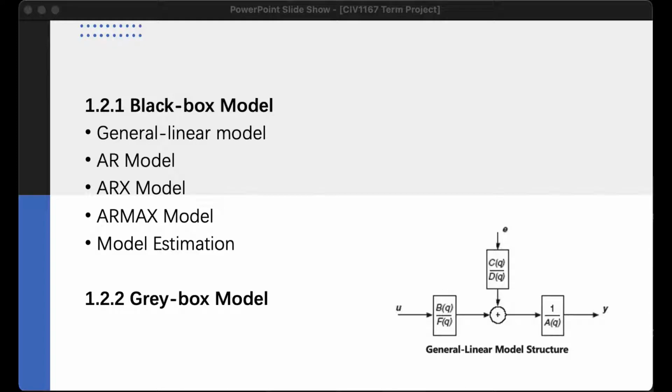Next is the ARX model. The ARX model is the simplest model incorporating the stimulus signal. The disadvantage of the ARX model is that disturbances are part of the system dynamics.